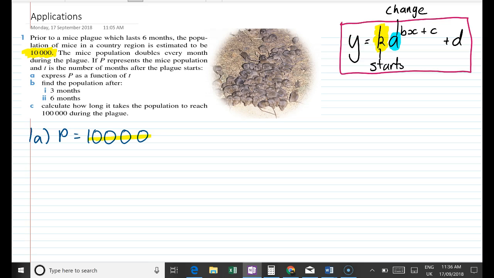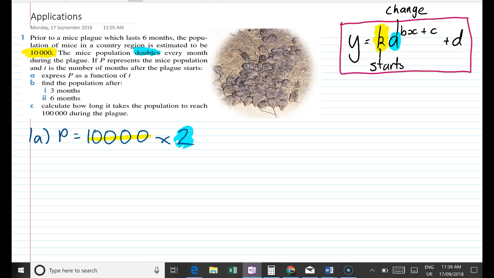Okay, then it goes that the mice population doubles every month of the plague, and that doubles is my A. It's how it changes every month. So I'm going to take that 10,000 and I'm going to times it by 2, because timesing by 2 is an expression of doubling. It doubles every month, so I'm going to put times by 2.